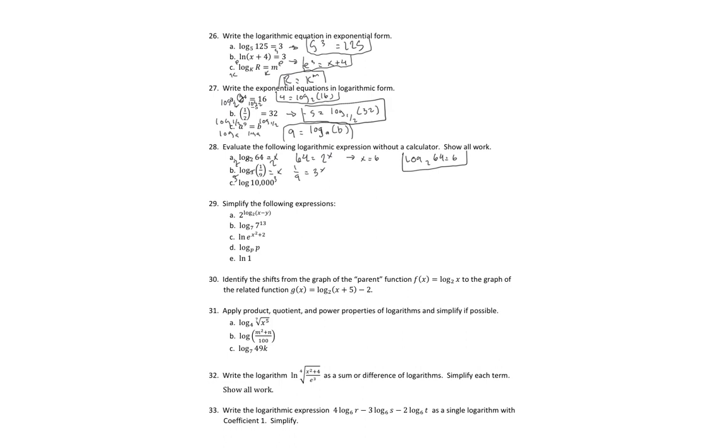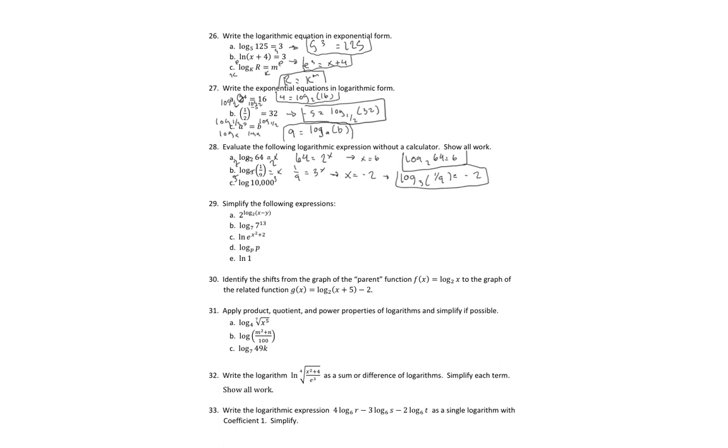Well, this 9 is in the denominator, right? So we know it's going to be to a negative power. And we know that 3 squared is 9. And so that means that x has to be -2. Or if I rewrite this again, log base 3 of 1/9 is equal to -2.